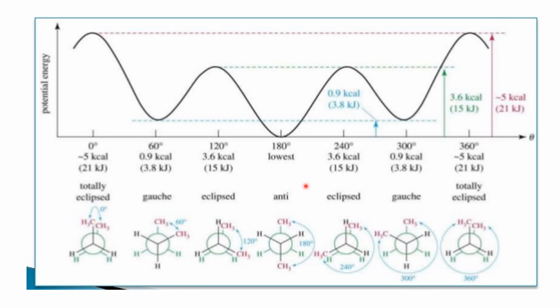Got it? Again, the energy is more, but it is less than the fully eclipsed conformation. Further rotation, it moves to the gauche form. Again, finally, it reaches the totally or fully eclipsed conformation.